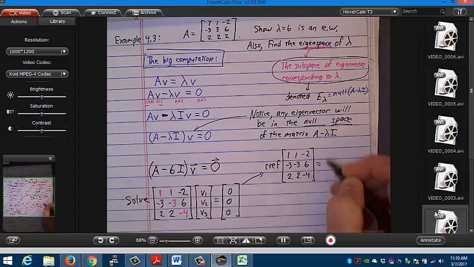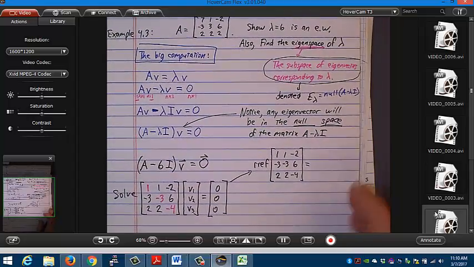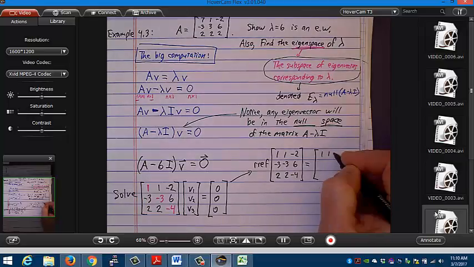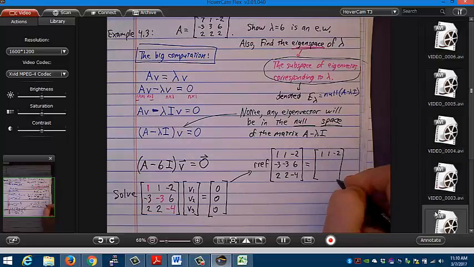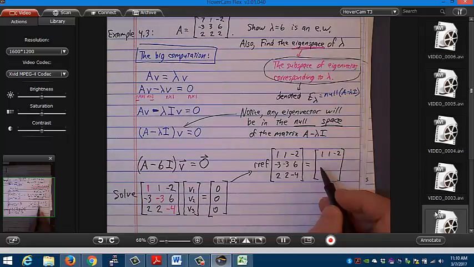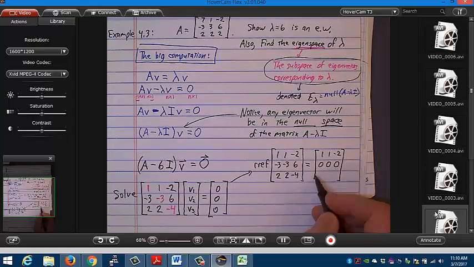So if we reduce row echelon form this, I'm just going to tell you, to save us time, that we get 1, 1, negative 2. And maybe you can see this. Can you see that that middle row is going to zero out if you multiply by 3 and add? And even the bottom row, if you multiply by negative 2 and add. Do you see that? That's what you get.